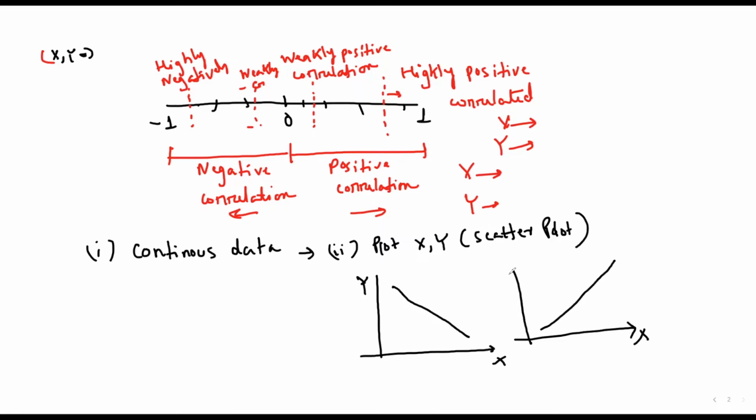So if you plot the graph between X and Y, and you see this kind of relationship, let's say these are the data points, or it can be like this. So this is also linear, right?